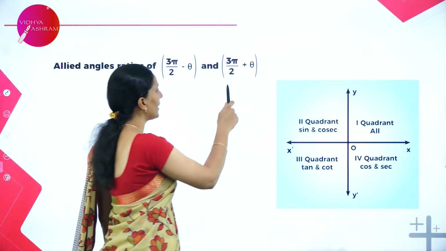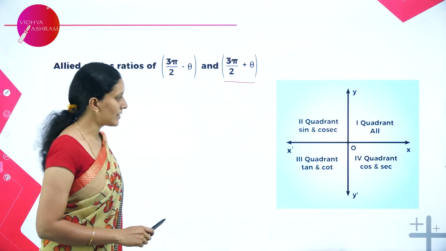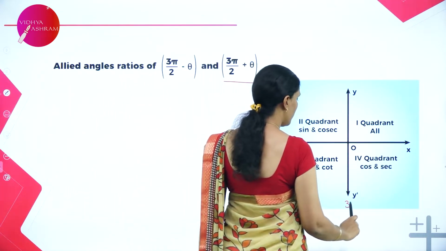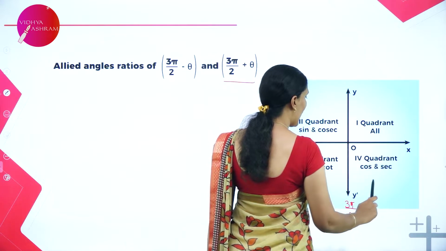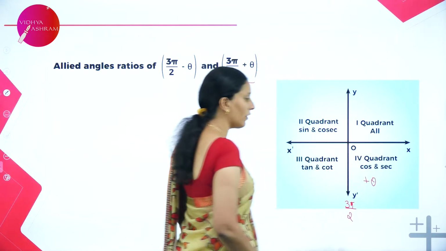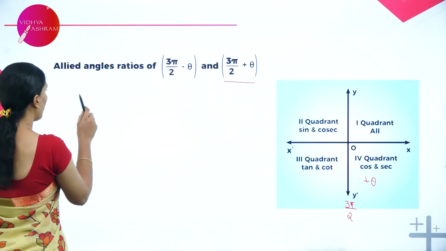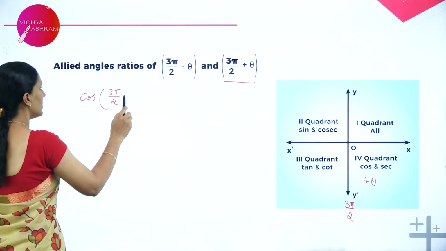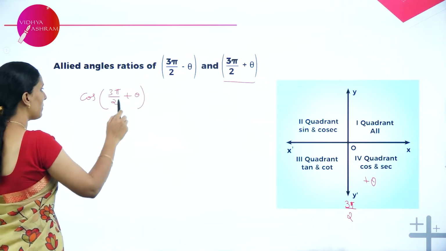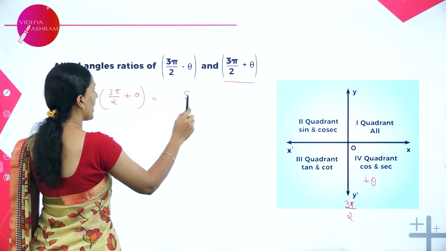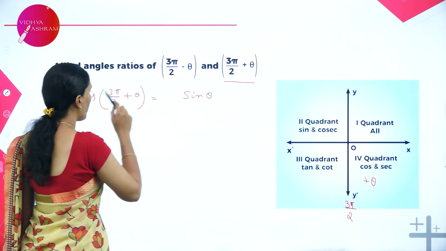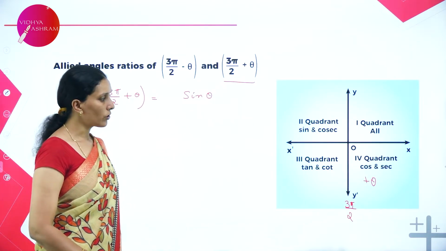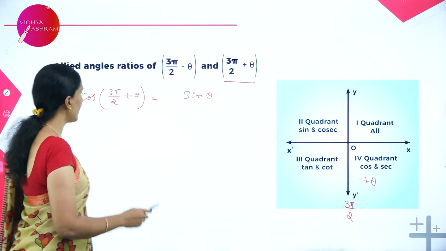So next we will take the angle 3 pi by 2 plus theta. So this is our 3 pi by 2, and any angle added to it comes in the fourth quadrant. Let me take cos of 3 pi by 2 plus theta. When you are adding any angle to 3 pi by 2, cos changes to sin theta. What about the sign of cos? Cos is positive in the fourth quadrant, so therefore it is sin theta.